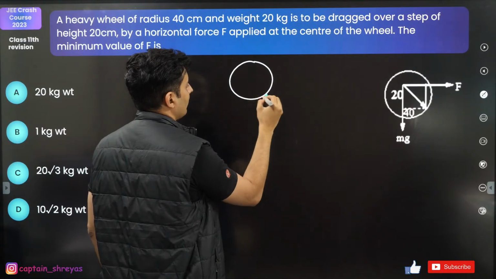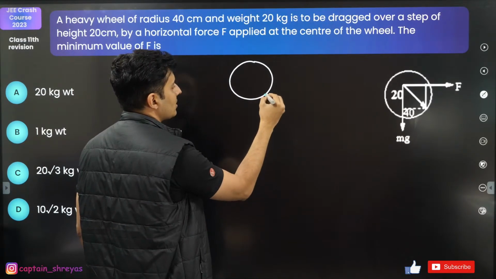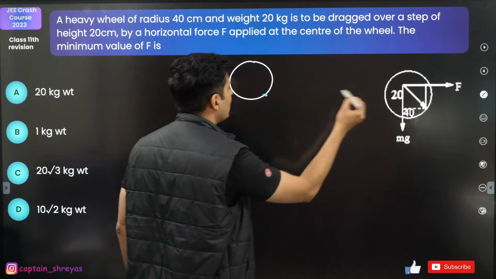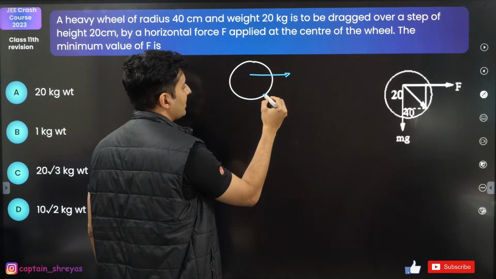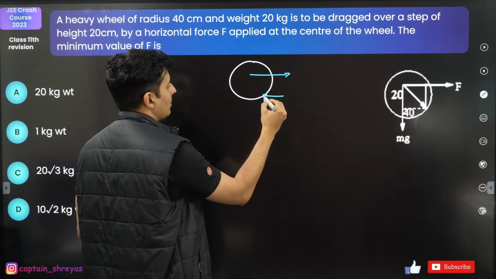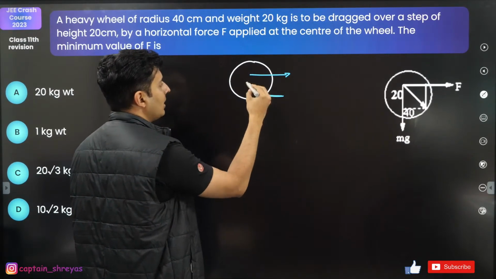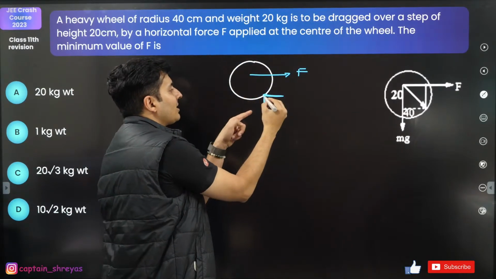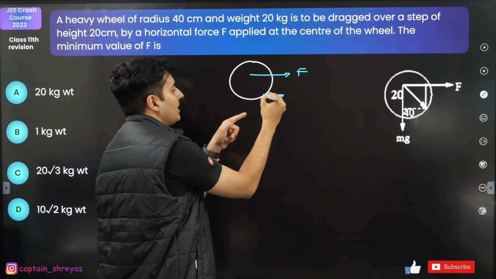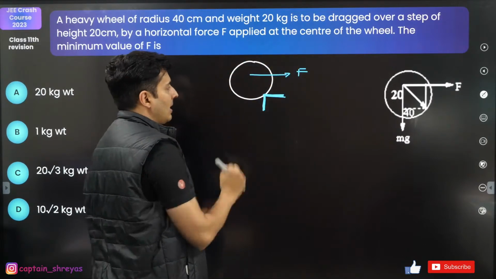Just imagine this. You can see that there is a force which is applied. This is more like a step kind of a thing, and you want to pull it over this pivot point, the step's edge, so that it is able to climb on that.